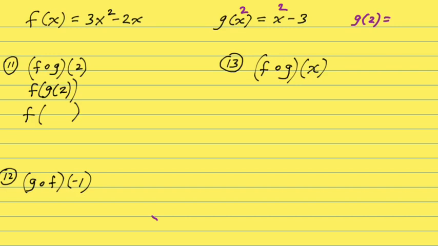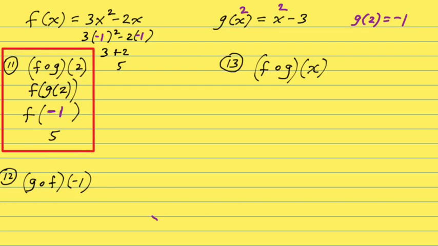If you put 2 in, 2 minus 3, would it be -1? So now I need f of -1. Replace the x with -1 in the f function, and let's see what we get. Squaring that is 1 times 3, and I think that becomes plus 2. So I'm hoping this result should be 5 for number 11.